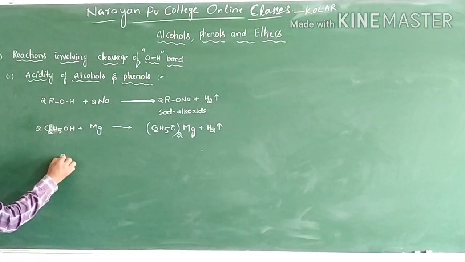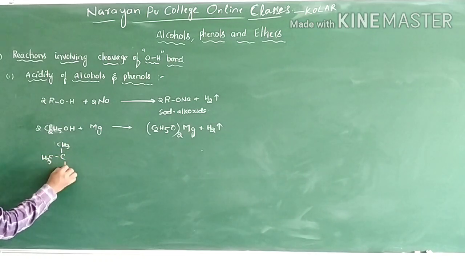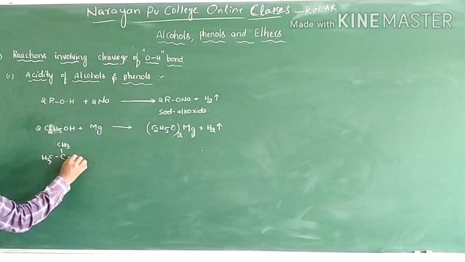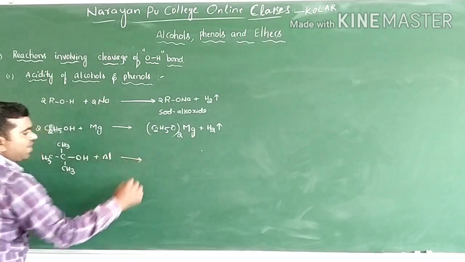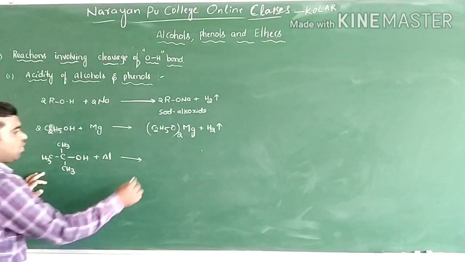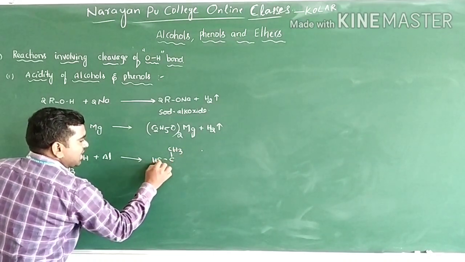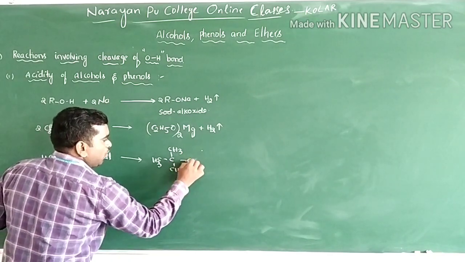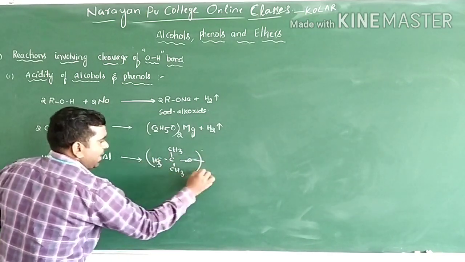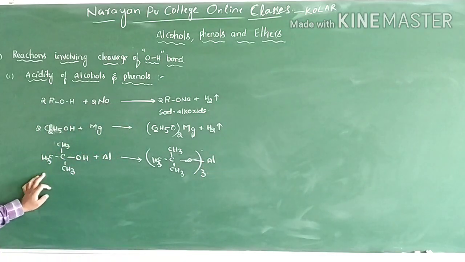In the same way, I will take a tertiary alcohol, tertiary butyl alcohol, (CH3)3COH. When it is reacted with aluminum, you know the valence of aluminum is 3. So you will get (CH3)3CO, three times, with aluminum.